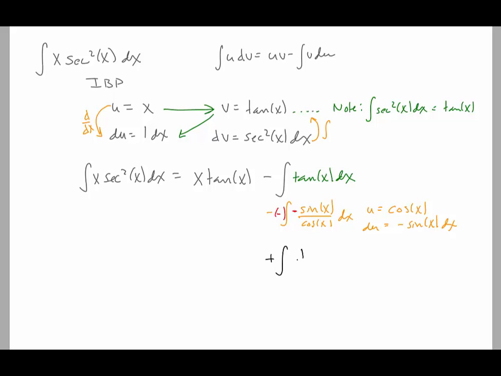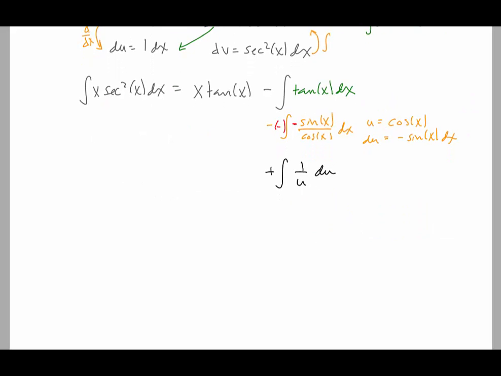Cosine of x in the denominator, this would be a 1 over u. And then the negative sine x dx right here would be my du. And so this piece integrates into natural log absolute value of u, but we know what u is, it's cosine of x. So, kind of catching up here, this x tangent of x we kind of dragged along.